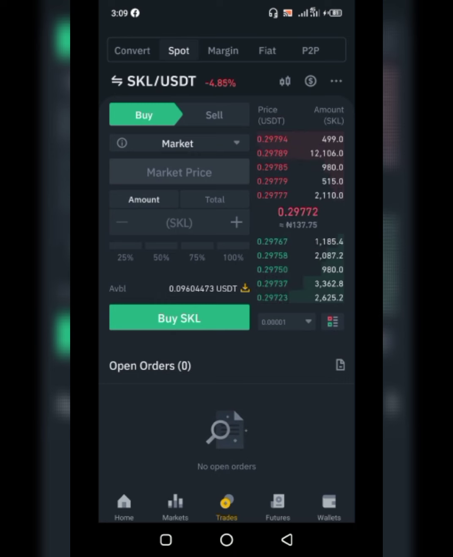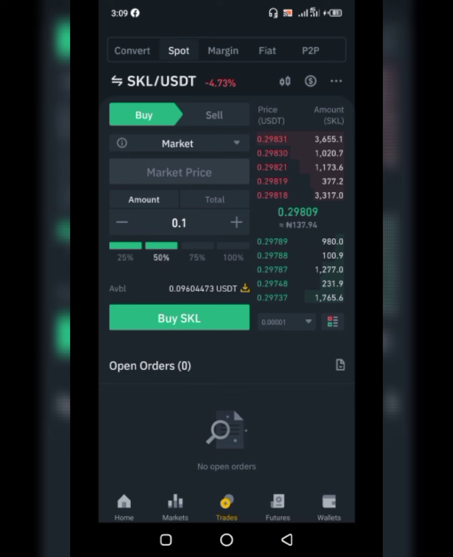Since we have 25%, 50%, 75%, and 100%, if you select 25%, you are telling this trade to use 25% of your trading funds in your wallet to buy this coin at the current market price, irrespective of the current market price. You should trigger the trade immediately. That is what you are telling it.